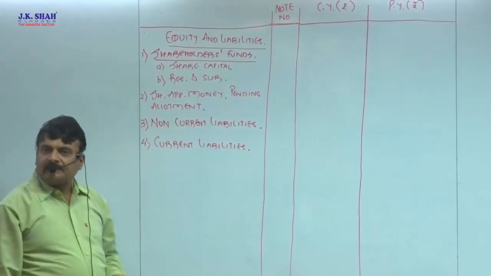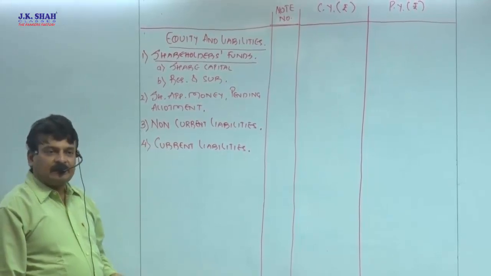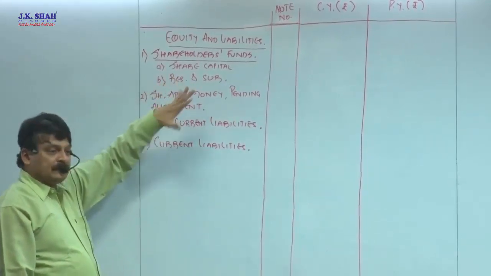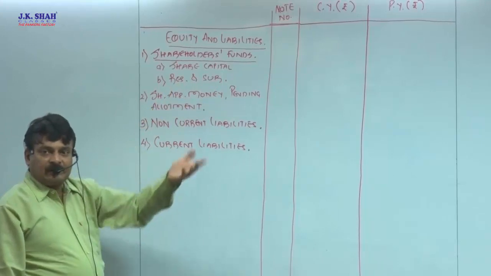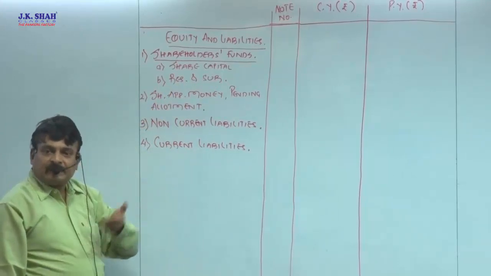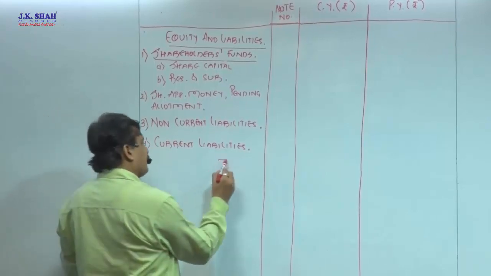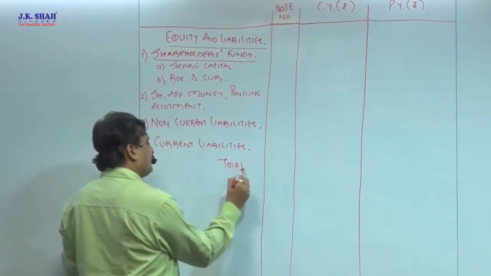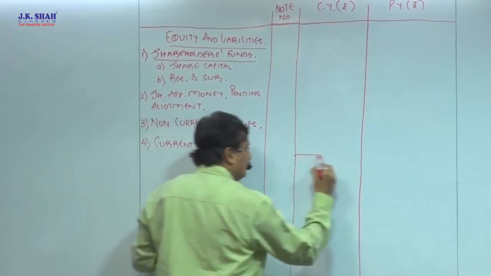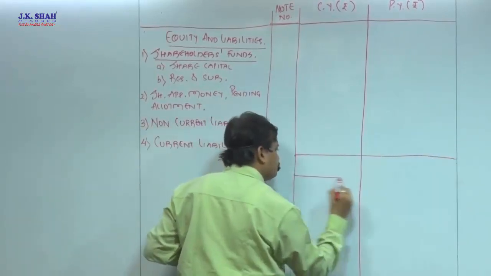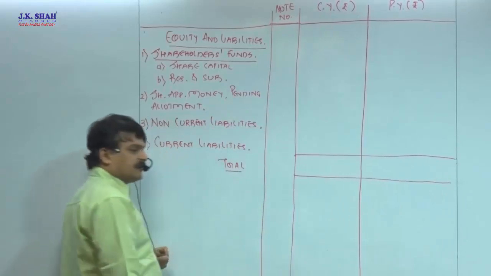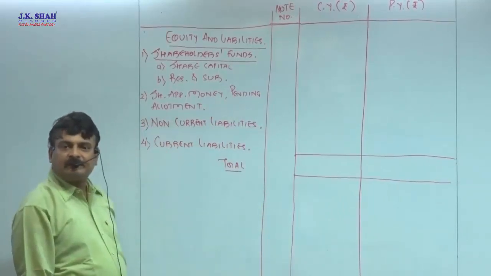Name itself indicates short-term liabilities. These are major heads, okay? Once the book will come into your hand, you will see from the book that there are some subheads also. This will give you the total. This is the total of liability side.